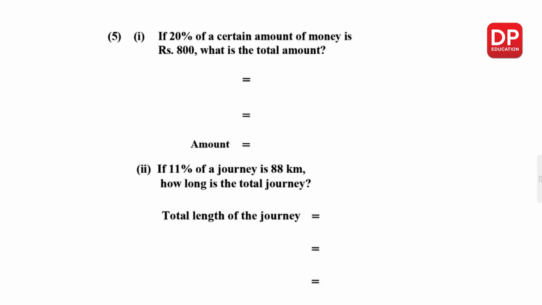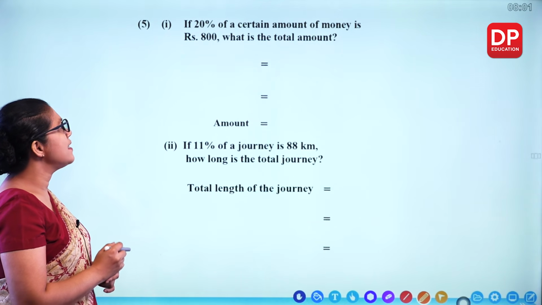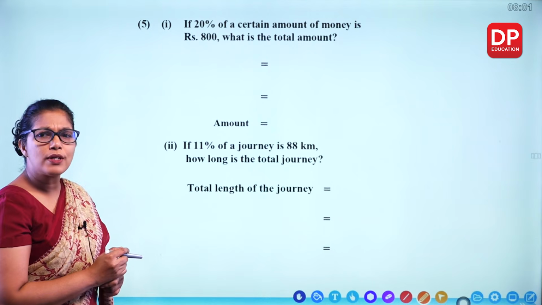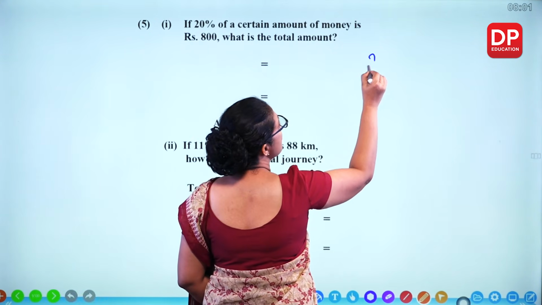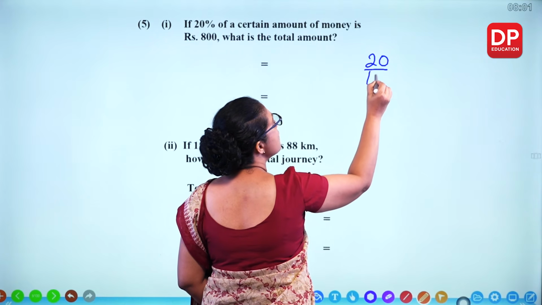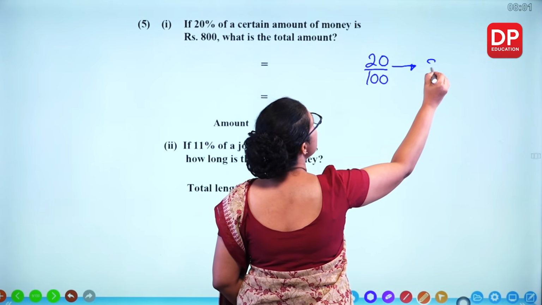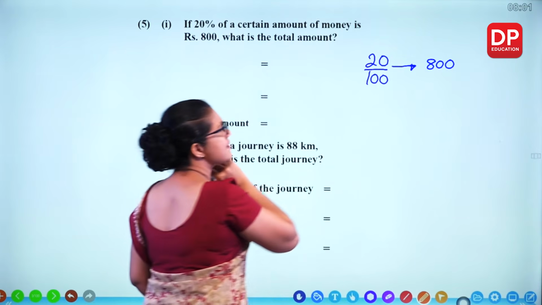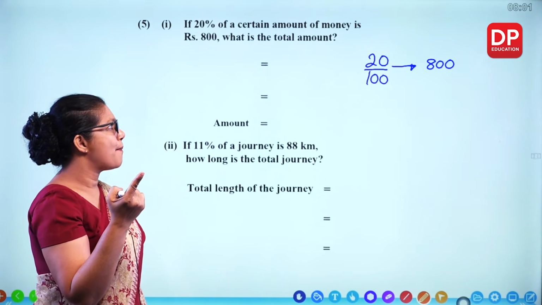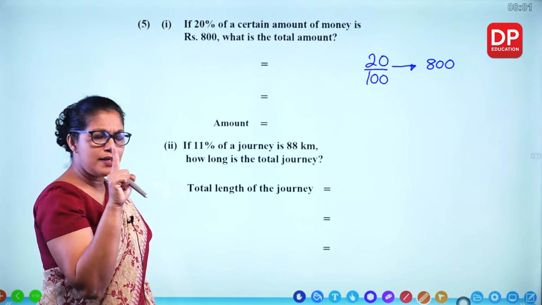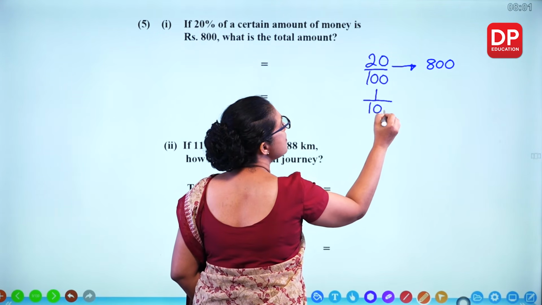Now we'll take this question. If 20% of a certain amount of money is 800, what is the total amount? So you need to think about it carefully. The 20% value is given, 800. That's given. So you are asked to find out the total amount. So what does 1 out of 100 mean?